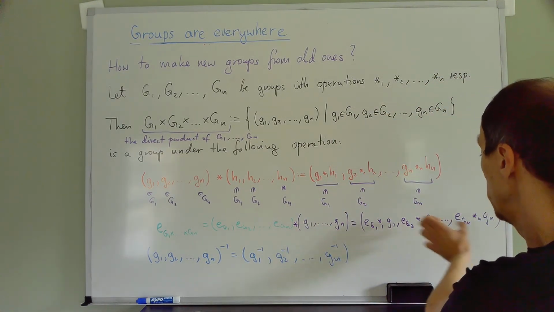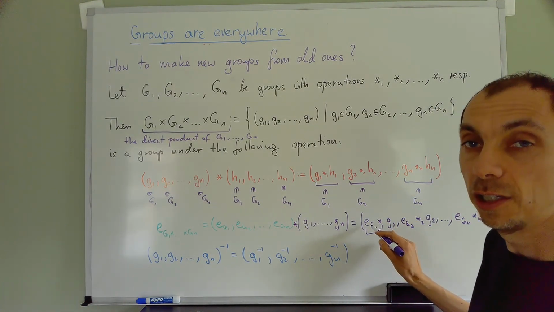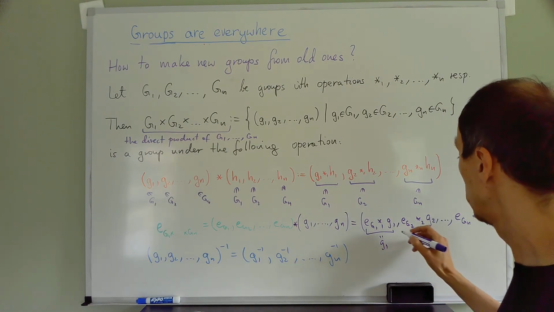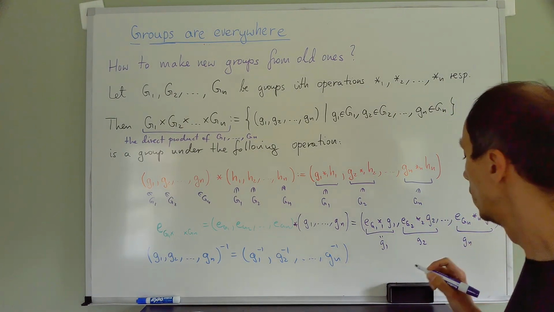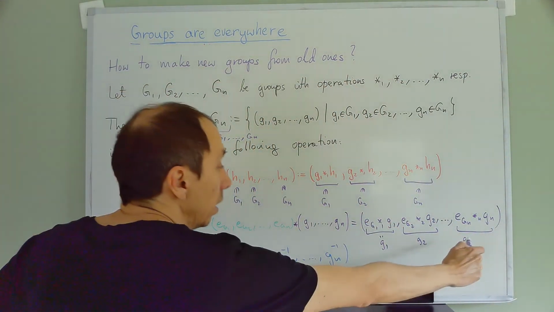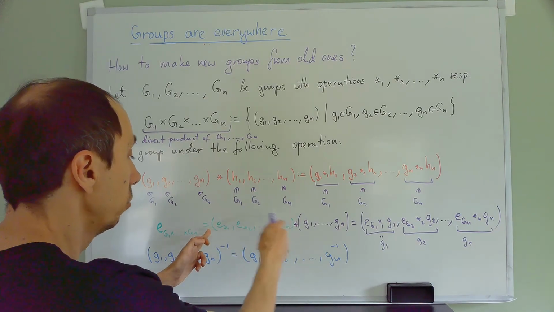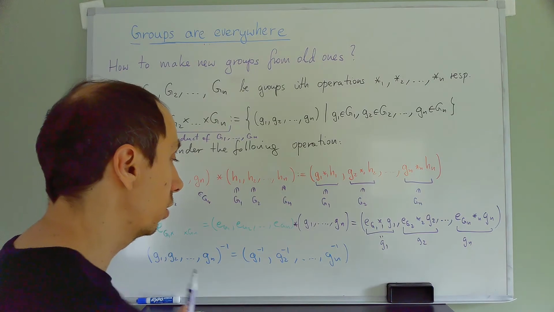You just do things coordinate-wise. Well, but this is g1, because the identity in G1 times any element of G1 gives you back that element. This is g2, and so on, and this is gn. So look, you took the identity tuple and g1 through gn, and you got g1 through gn. So this is the identity element. I mean, you also have to check it the other way around, but the same thing works.